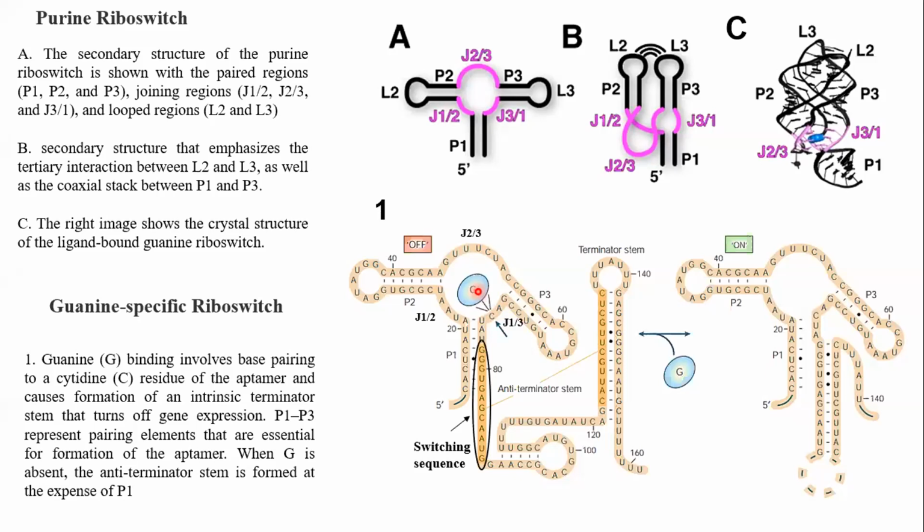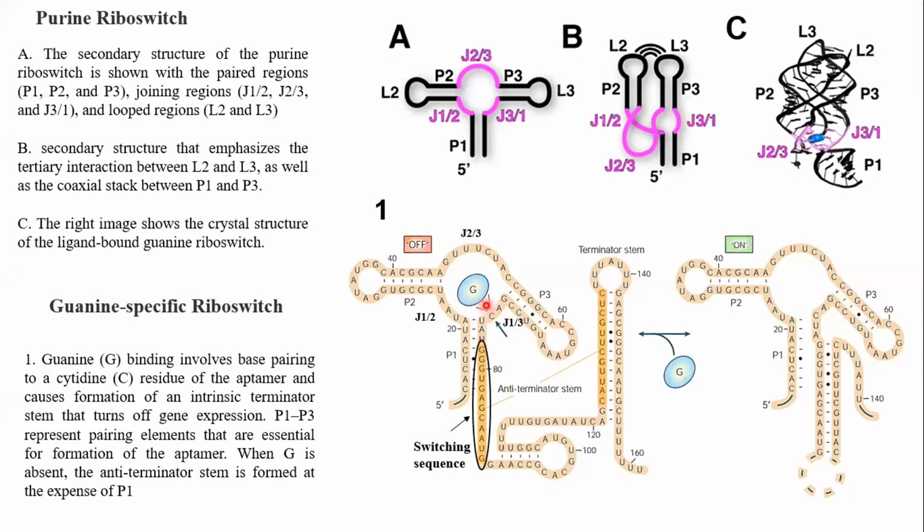If you see the structure of the adenine riboswitch from the same family, the purine riboswitch family, then the nucleotide is different. A different nucleotide is interacting with the adenine nitrogen base. So that's how they differentiate between adenine and guanine.